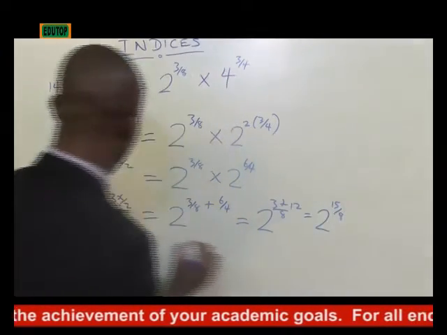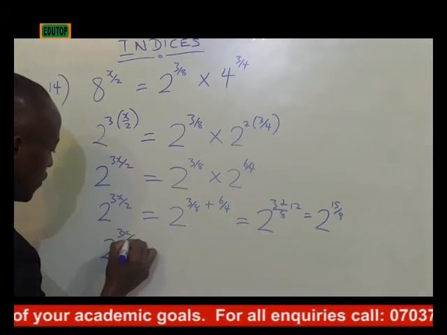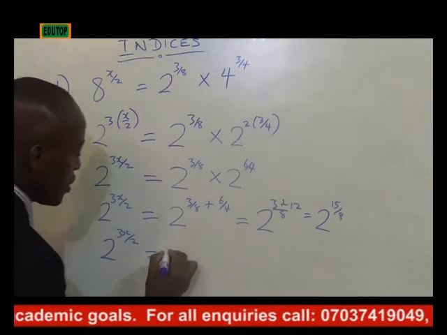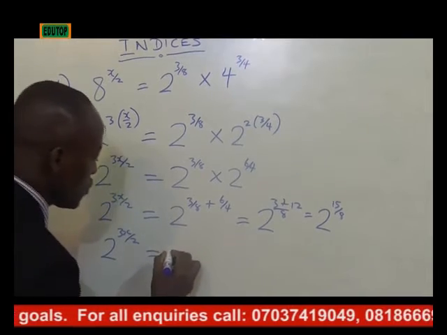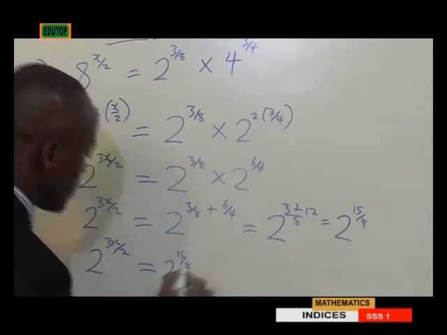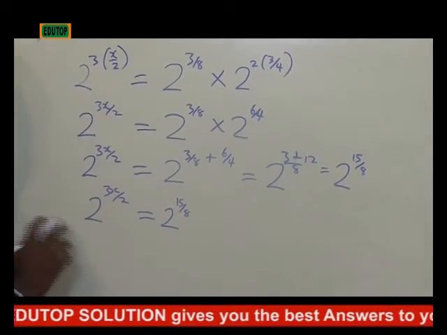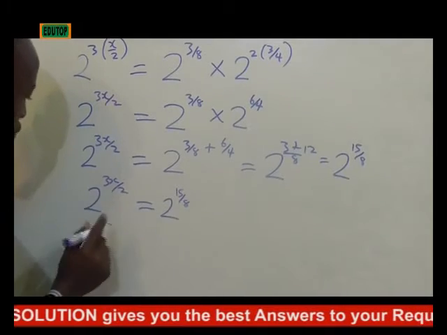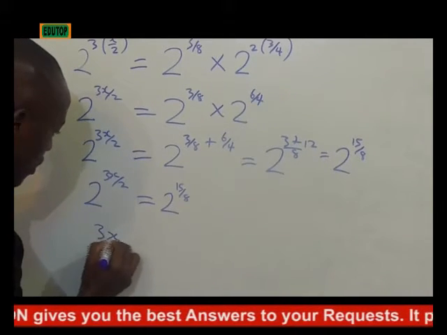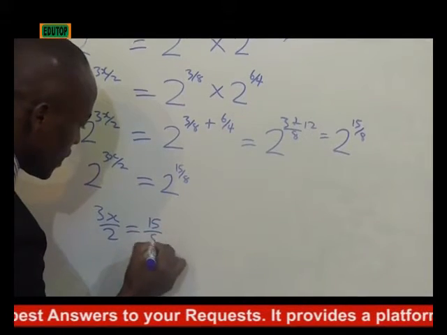Now, we are having 3x over 2 is equal to what? That will be 2 raised to power 15 over 8. Now, we are now having equal bases, so we'll now neglect this 2 to give us 3x over 2 is equal to 15 over 8.